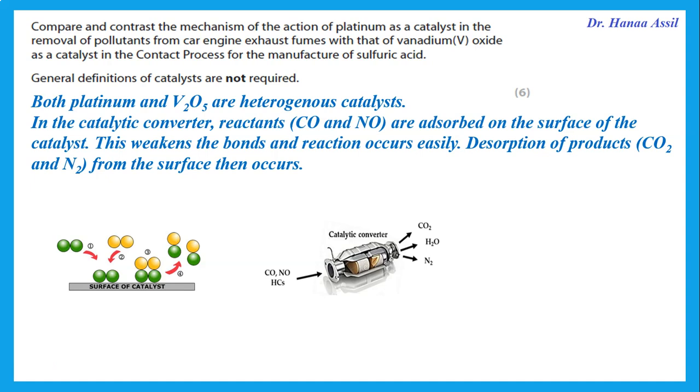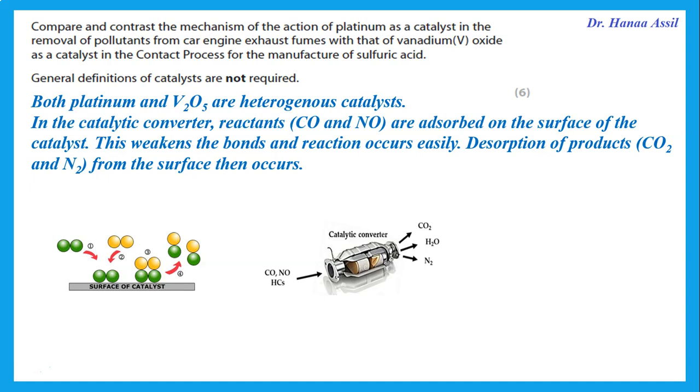So what happens in this case is the reactants, which are the harmful gases like carbon monoxide and nitrogen monoxide, are adsorbed on the surface of the catalyst. And we said the catalyst is usually platinum. This weakens the bonds in the reactants and helps the reaction to occur quickly.